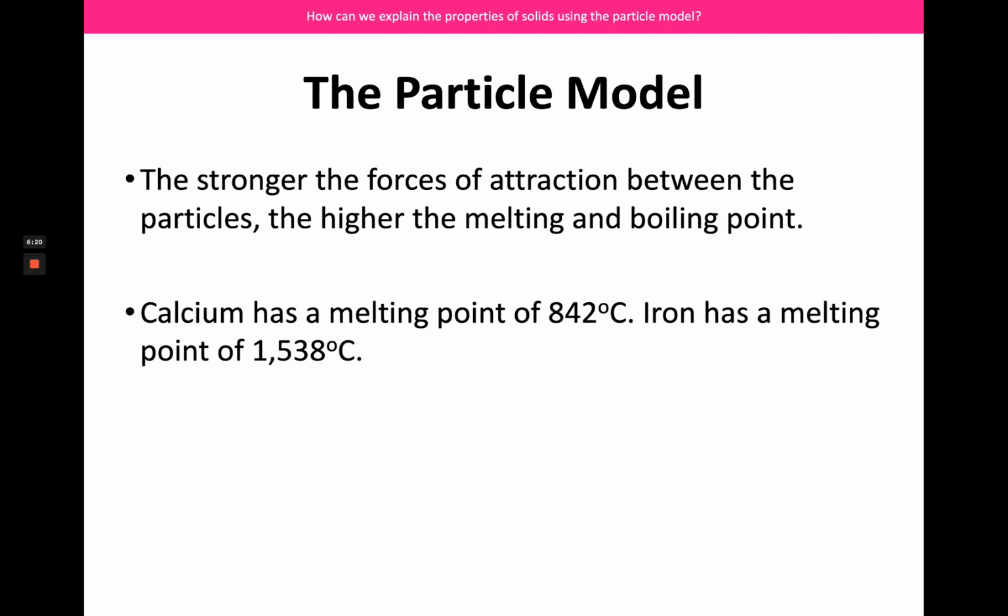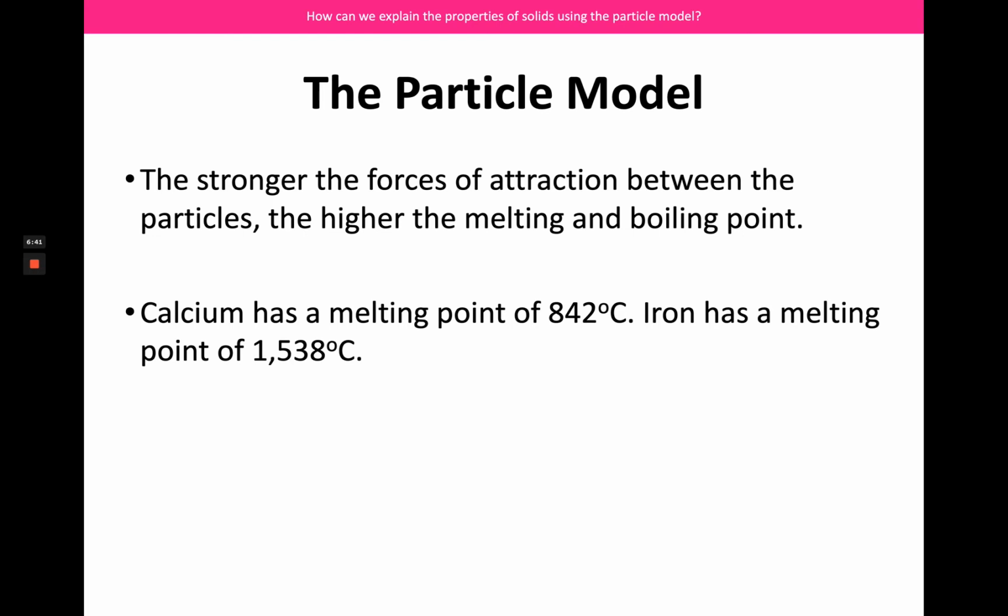Calcium has a melting point of 842 degrees Celsius. That's very, very hot. But iron has a melting point that's almost twice as large. We'd have to heat up iron significantly more to melt it when compared with calcium.